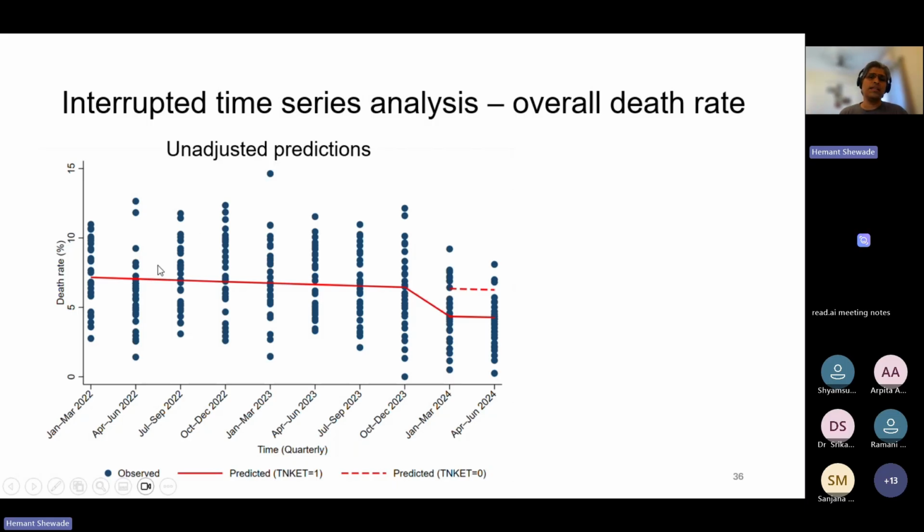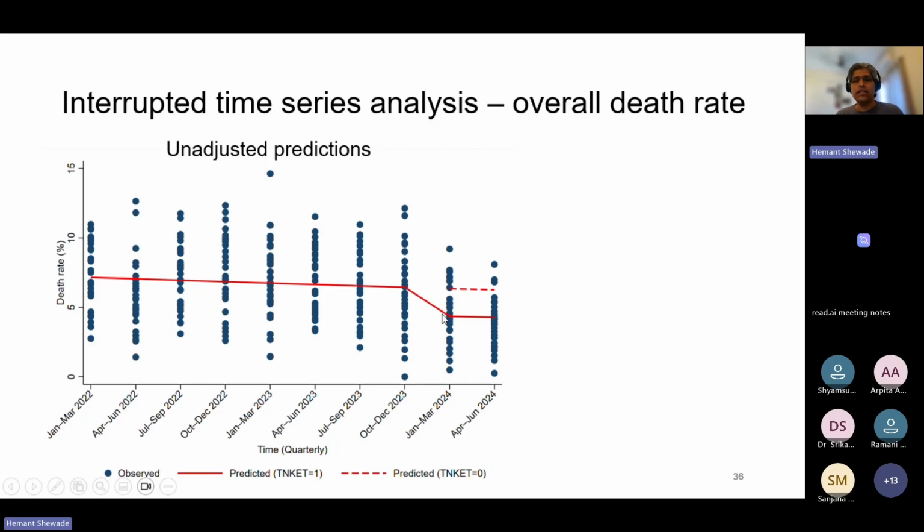So what you see here are the unadjusted predictions, where each blue dot against a quarterly diagnosis cohort provides the overall death rate for every district. So you will see 30 dots against each quarterly diagnosis cohort. And you see this continuous line, which shows the unadjusted prediction of state level TB death rate.